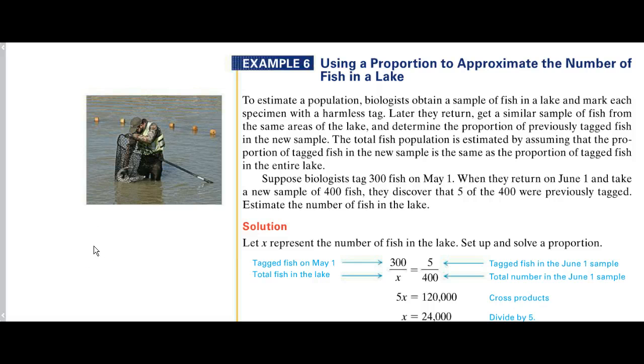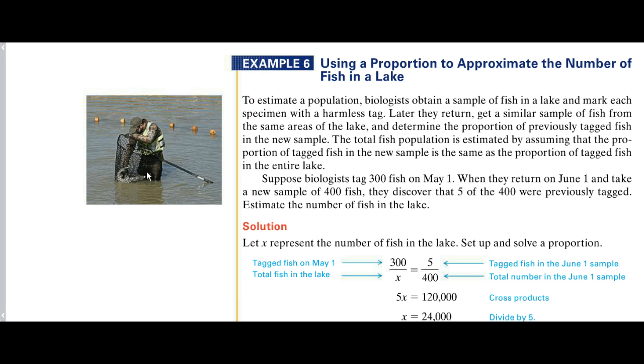So this is a very typical example that field ecologists might work on, that you are in a lake and you're going to capture randomly certain fish. Now what you do is you tag these fish. Put a little tag that doesn't really hurt them that much, but identifies them.